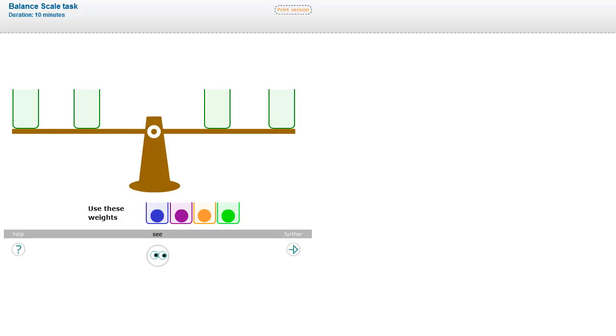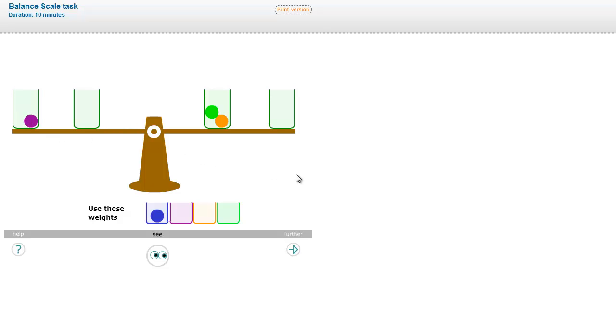So here we have an example of a trial in the balance scale task. Well, we can take these weights and put them into the containers here to see what will happen. So let's take 2 weights, put them here, and then take 1 weight and put it here.